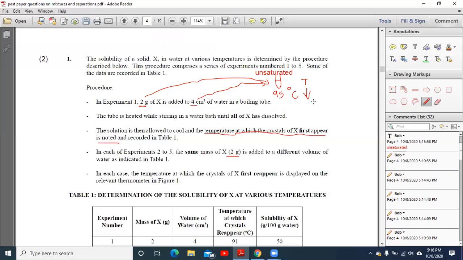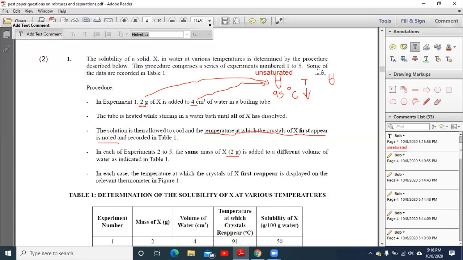So as you lower the temperature, eventually the solution in the test tube will become saturated.